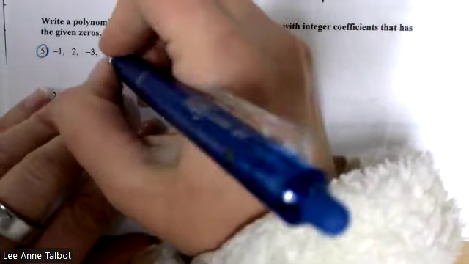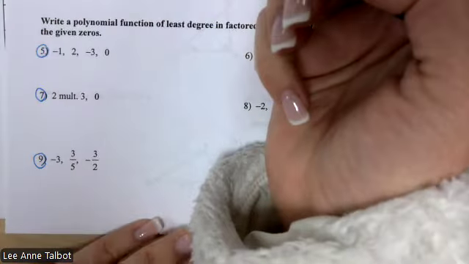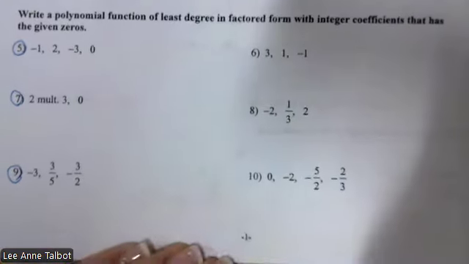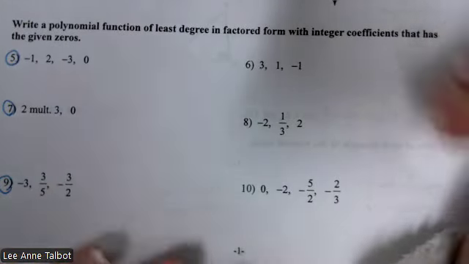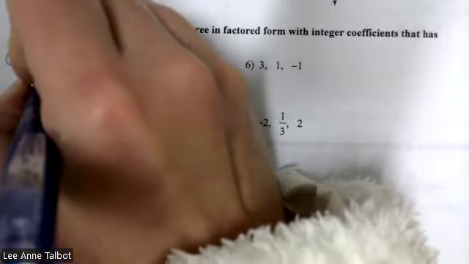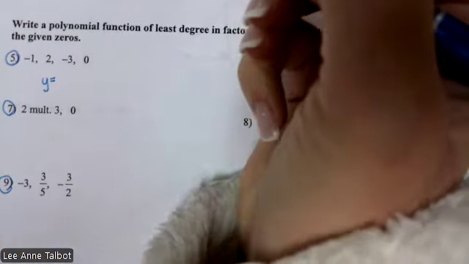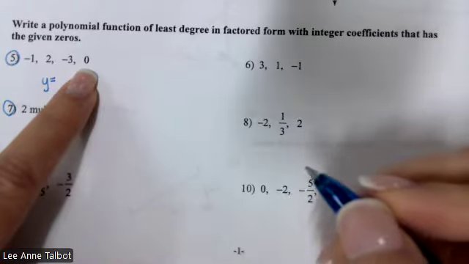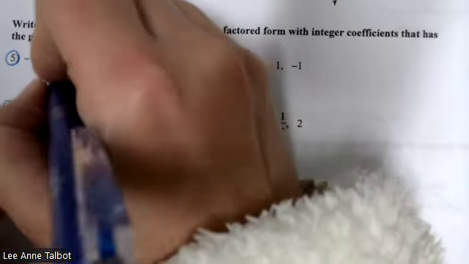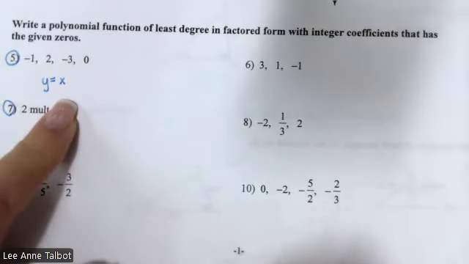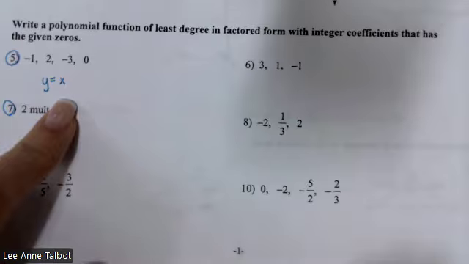Okay, so you're going to start with y equals. These are easy, by the way. If it takes you longer than say 10 seconds to do any of these problems, you're doing it wrong. Okay, y equals. So this one is 0, right? And so that means there's going to be a plain x in the front. You could put x minus 0 in parentheses if you want.